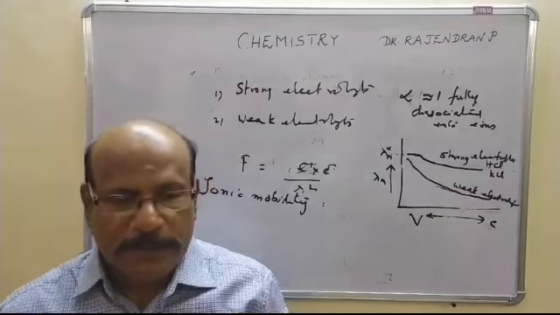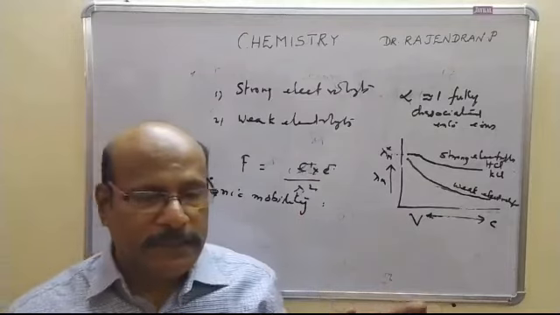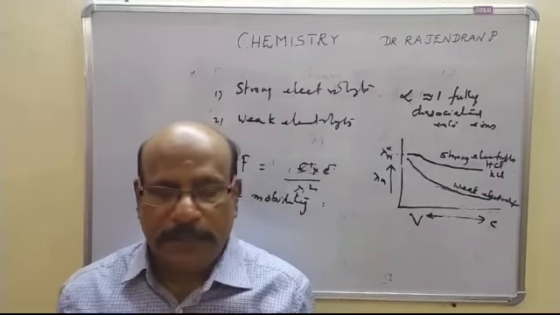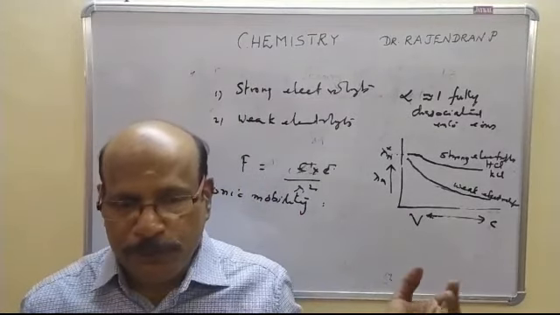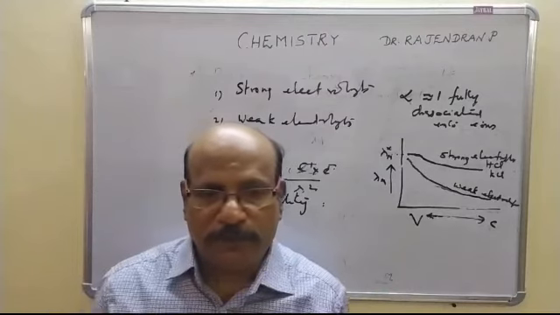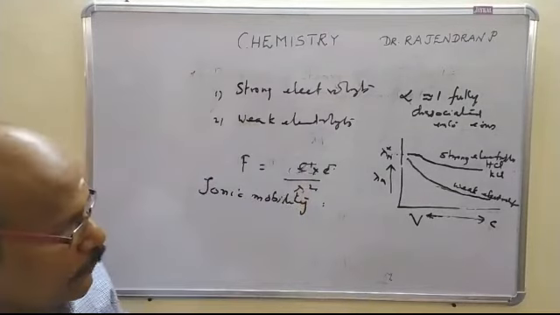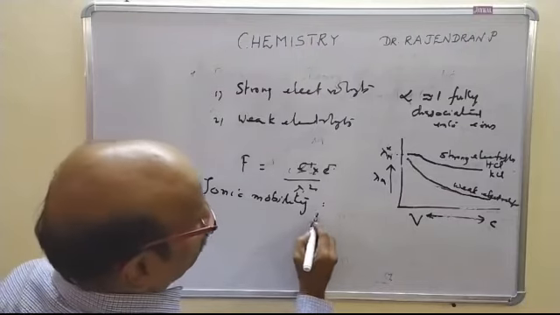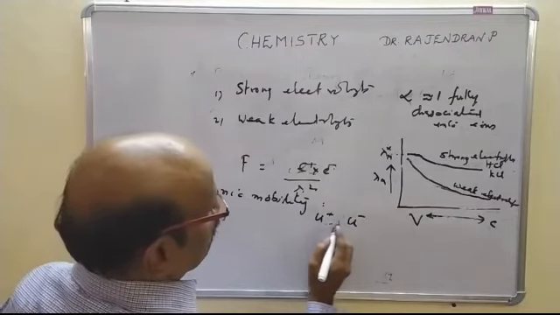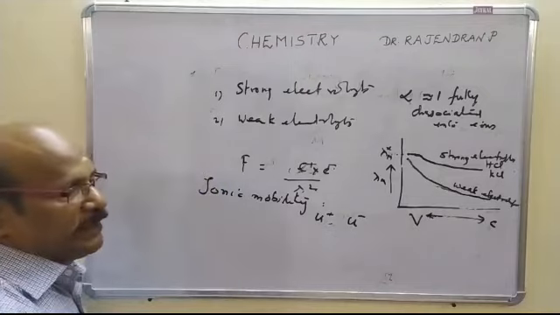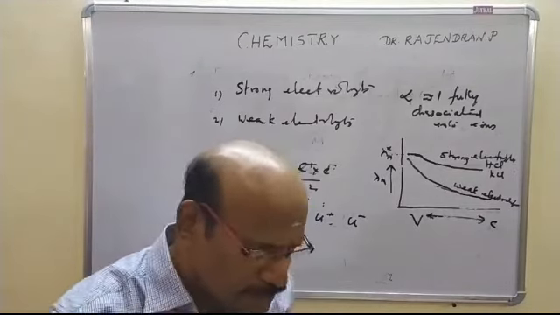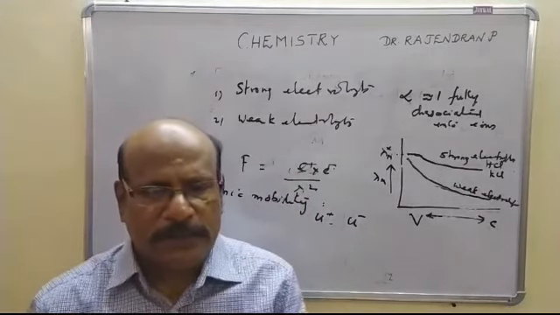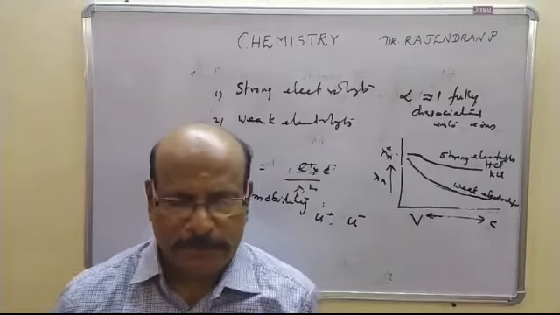So remember, the distance travelled by a particular ion per unit time under a potential of 1 volt per square meter is called the ionic mobility. So we have U plus and U minus, the ionic mobility of the cation and of the anion, which is a function of the electrostatic attraction.